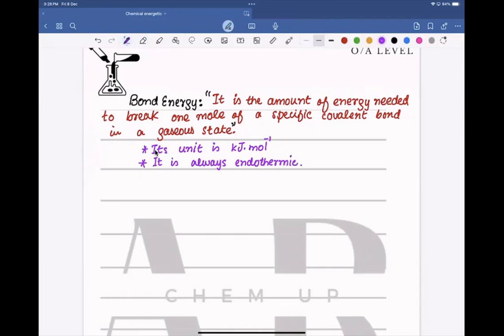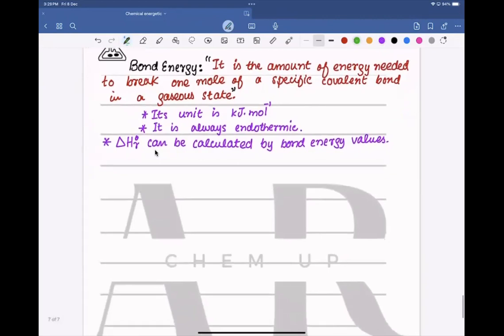And now, why are we studying this and discussing this? Because if we have to calculate the enthalpy change of a reaction, that enthalpy change can be calculated by bond energy values. If we know the bond energy values, we can calculate the enthalpy change of a reaction. And how can we do it?